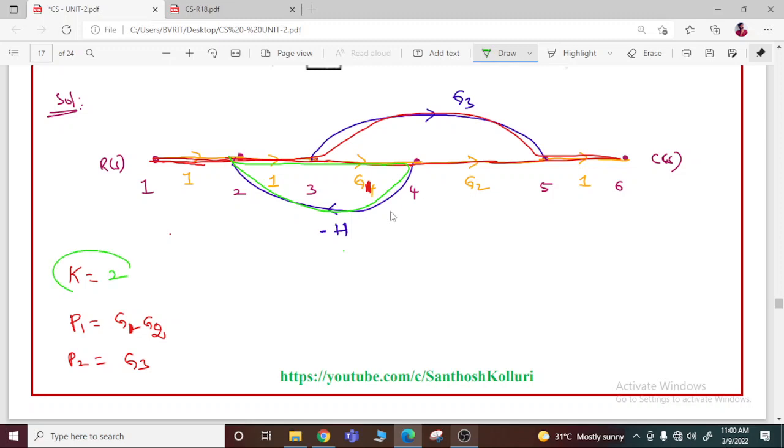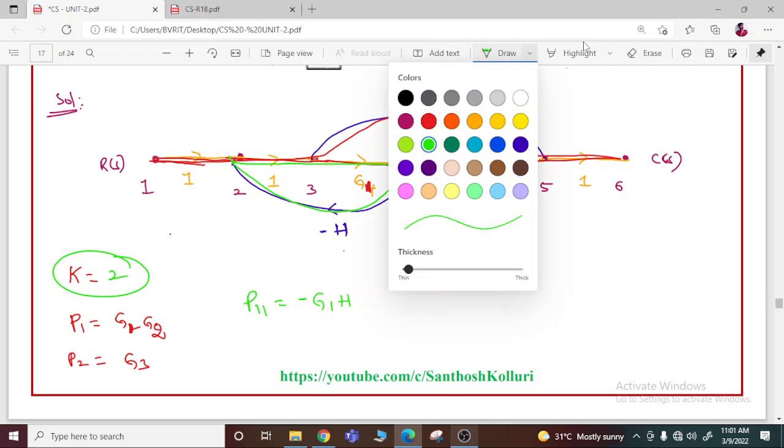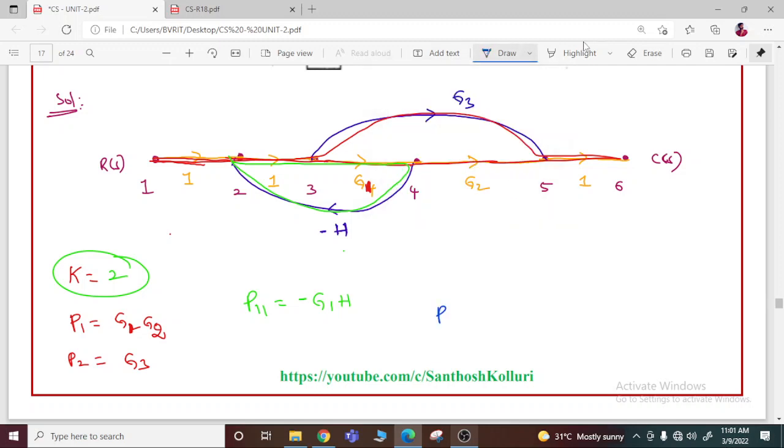So there are two forward paths, and the individual loop gain is G1 into H. Only one loop is there, G1 into H. There is no other loop, so there will be no two non-touching loops. Two non-touching loops are 0 because we have only one loop, so everything else will become 0 now.